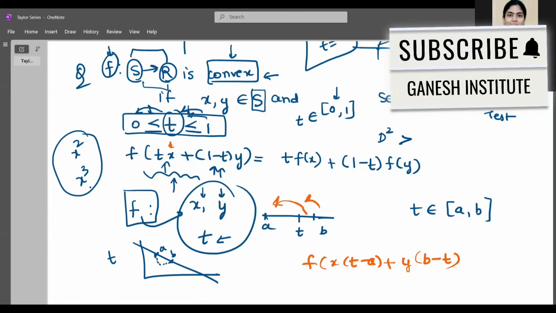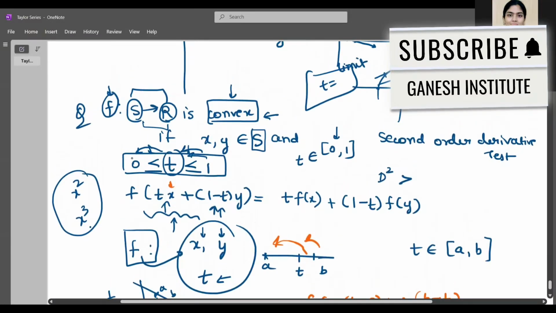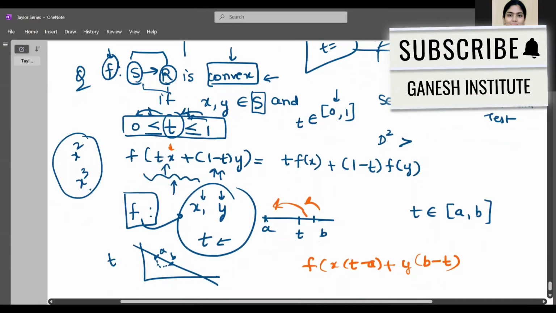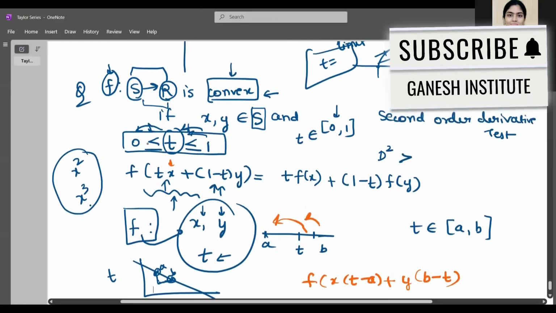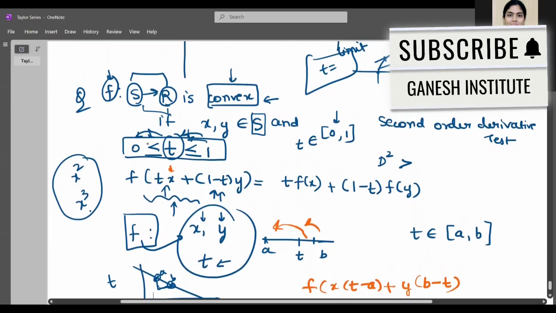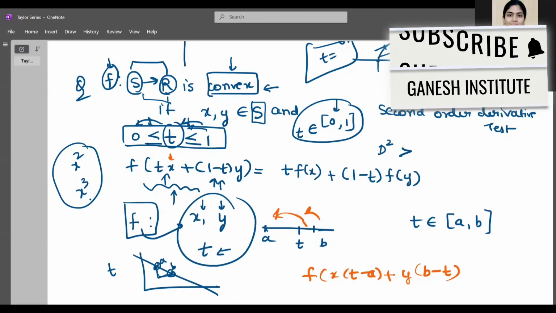T is the slope. T is the span, the interval for which we want to calculate how much slant it is having, the steepness. Or let's just say the distance between A and B for which we want to find the slope.